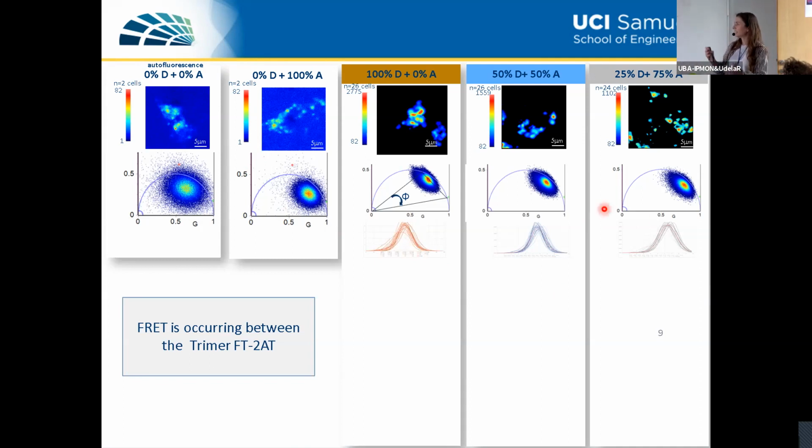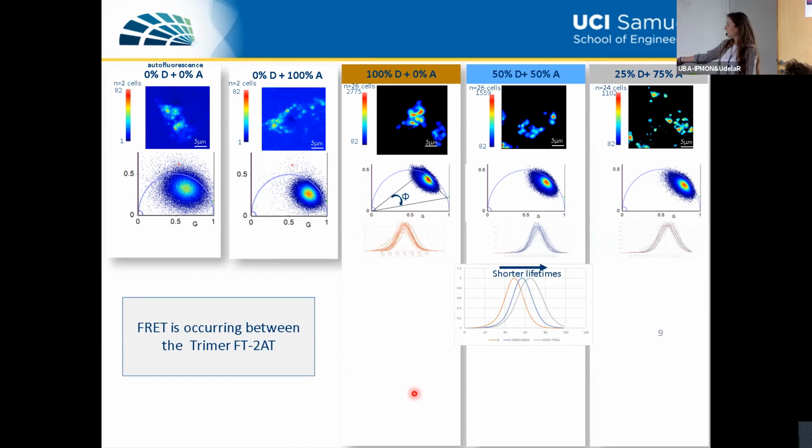So you can see that there is some variability, but all the cells behave very similarly. And if we put them all together, you can see that the lifetime gets shorter in these conditions, going from 0% acceptor towards 75% acceptor.